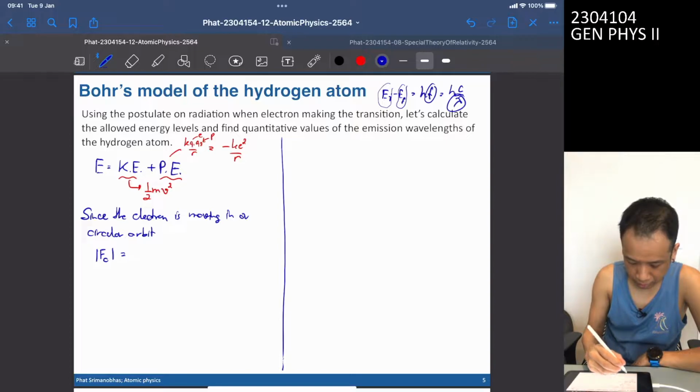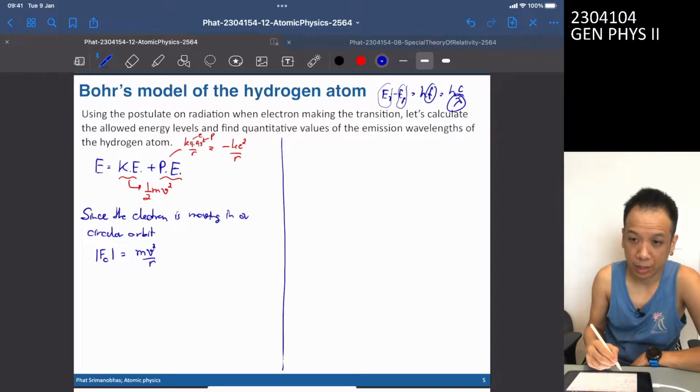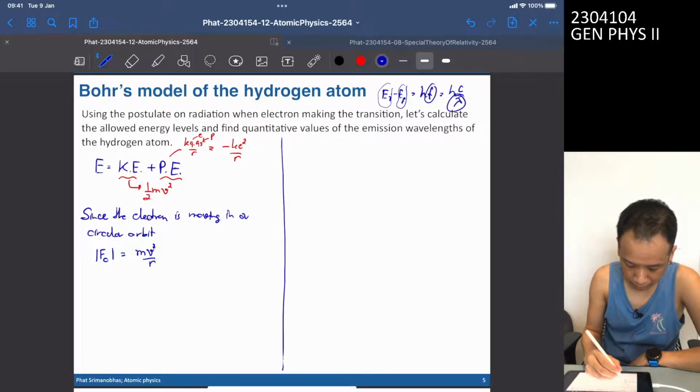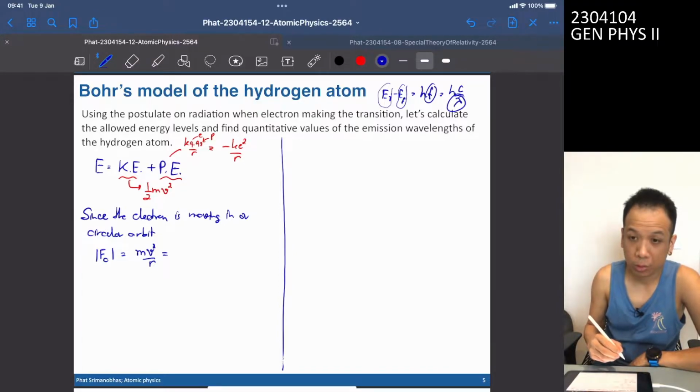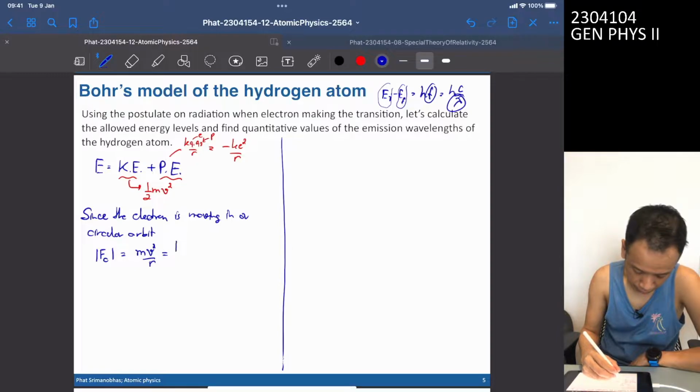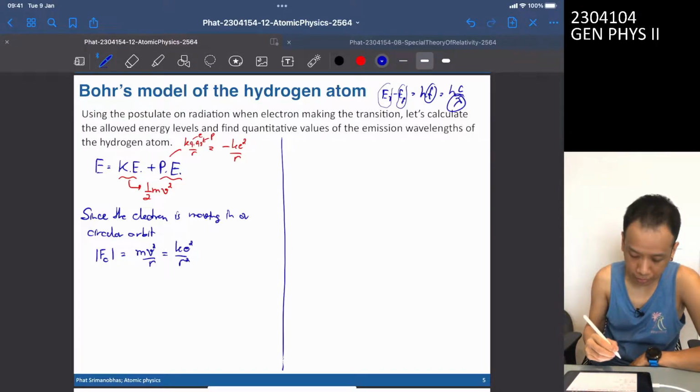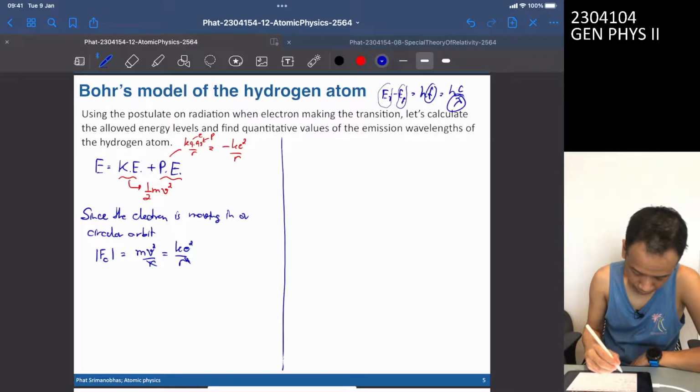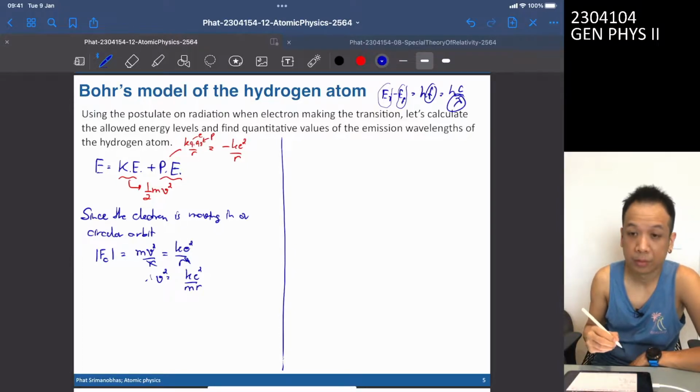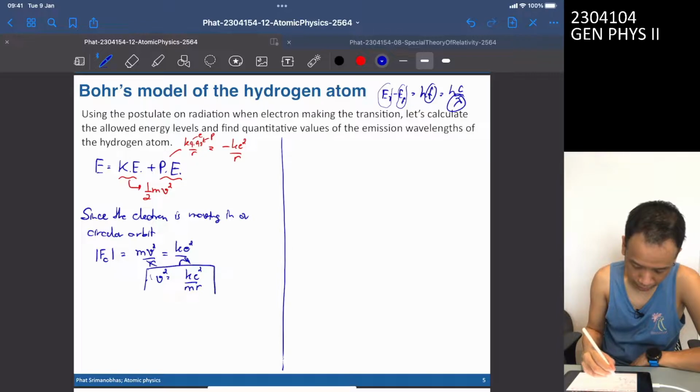It's circular motion, so it's mv square over r, right? V square over r is the acceleration of the circular motion. So it's equal to the size of the Coulomb force, k e square over r square. So it cancels, and finally you have v square equal to k e square over mr. Put the e square back.